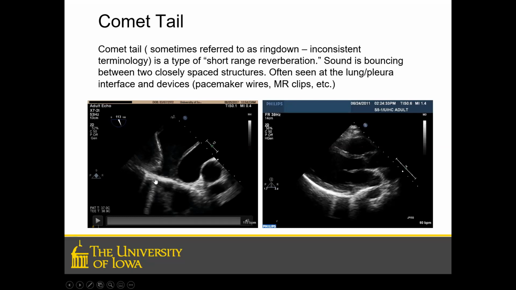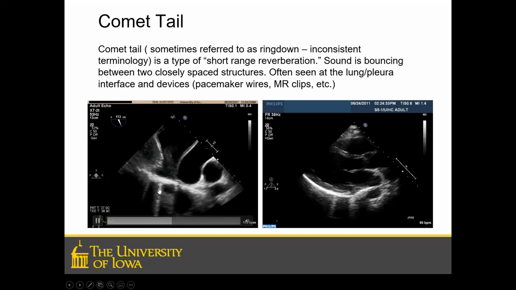The sound is bouncing between two highly reflective structures that are really close together and giving this comet tail type of image. This is very common near the lung interface, and the sound is bouncing in the space, and the lung is highly reflective, so it causes this comet tail.